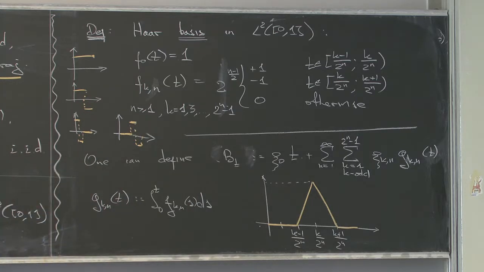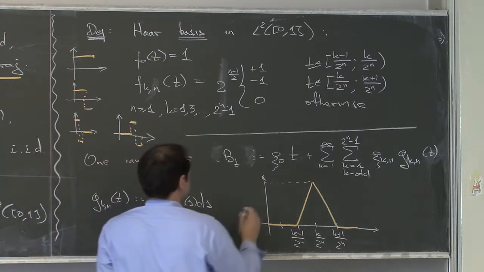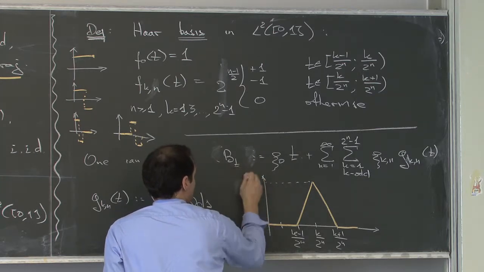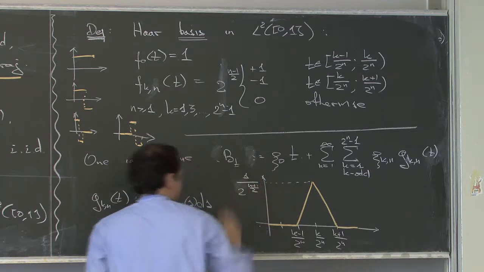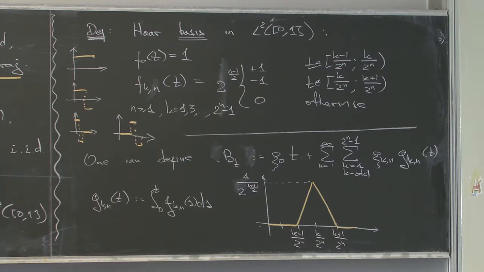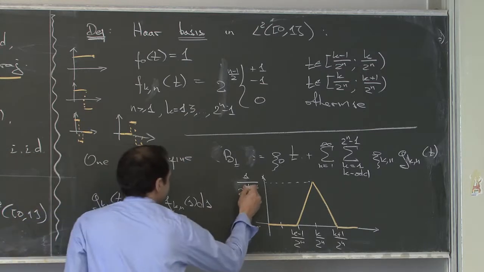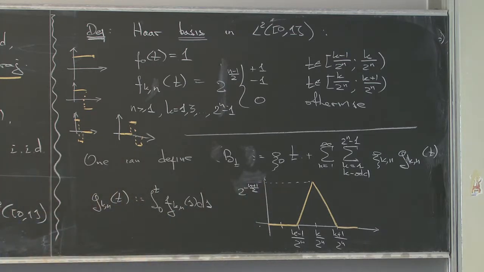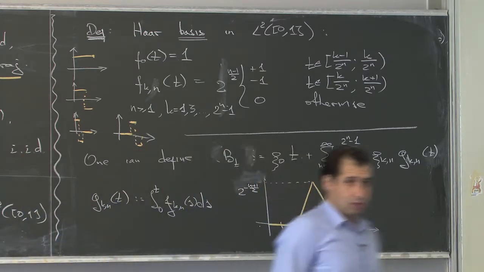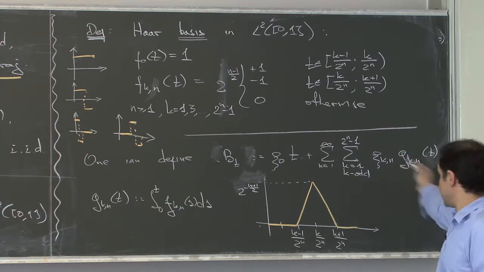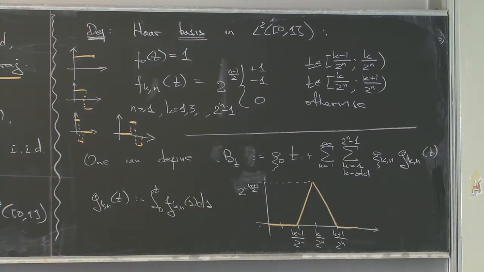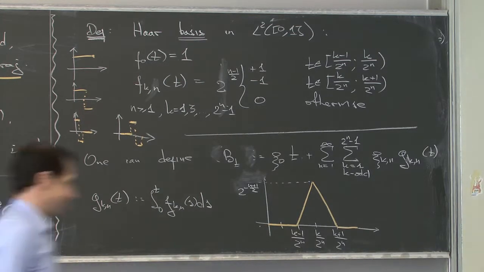The height is 1 over 2 to the n plus 1 over 2. Maybe better to put minus here. It's the same. I mean, this is an extremely simple function. And now what I'm going to do, I just run the same procedure. I'm just summing these functions with random coefficients. Random, identically distributed standard Gaussians. Okay?